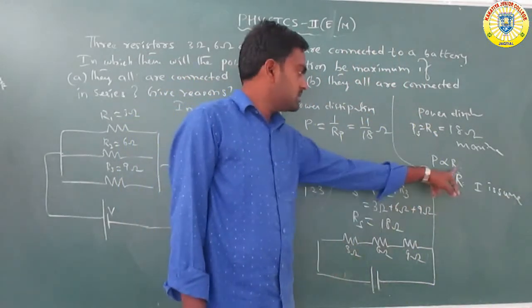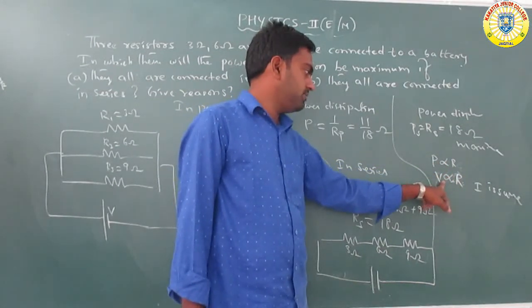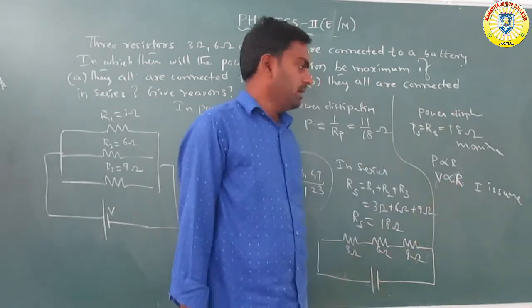So the resistance is directly proportional to the power dissipation, and the potential difference is directly proportional to the resistance.